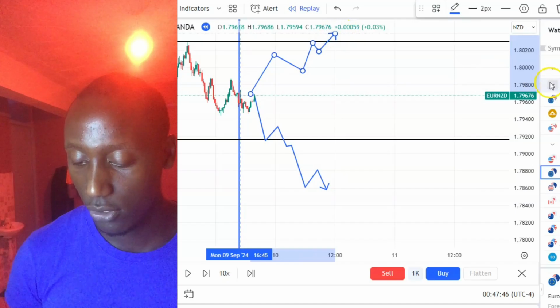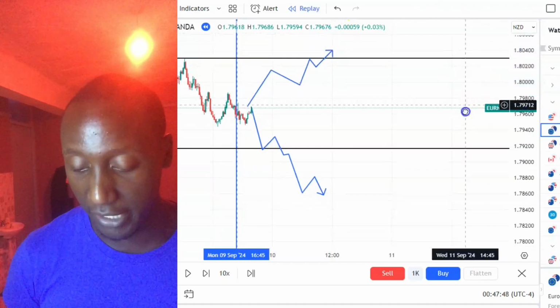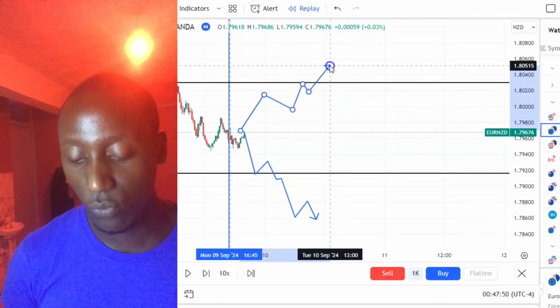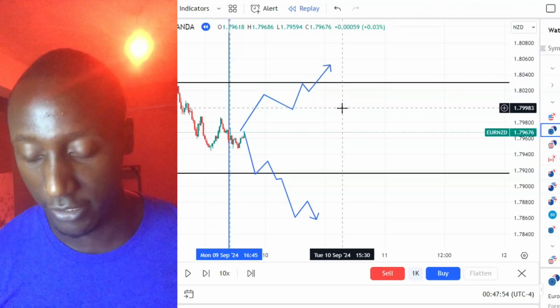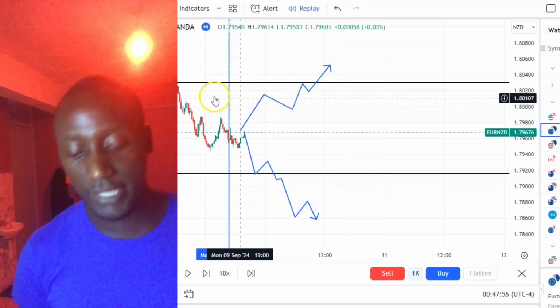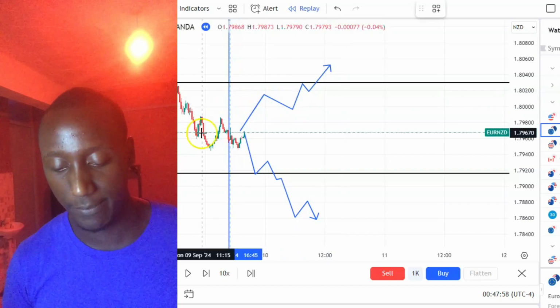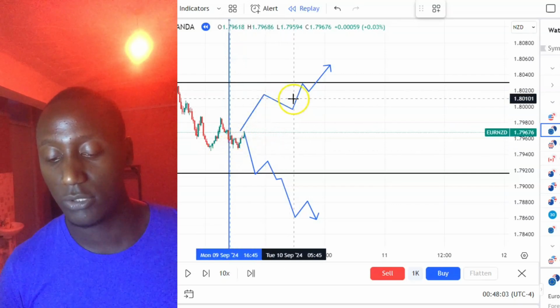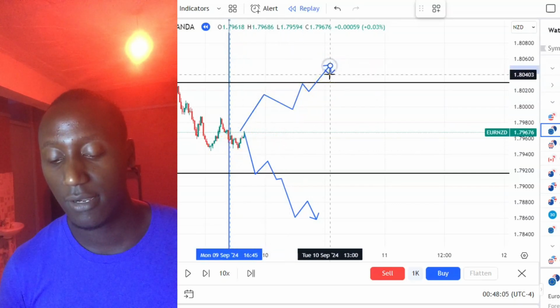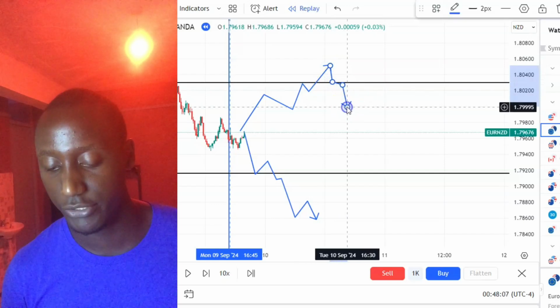All right, so now once we see a breakout, then we know that our system is about to be activated, because the only time we activate our system is when on Tuesday price breaks out but then closes back inside of the range.